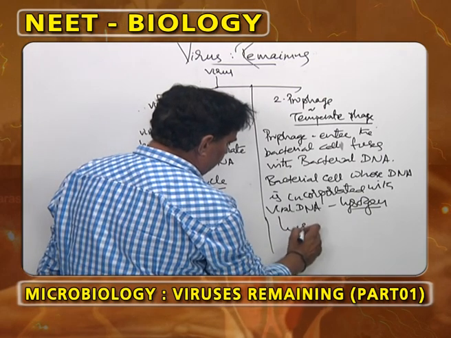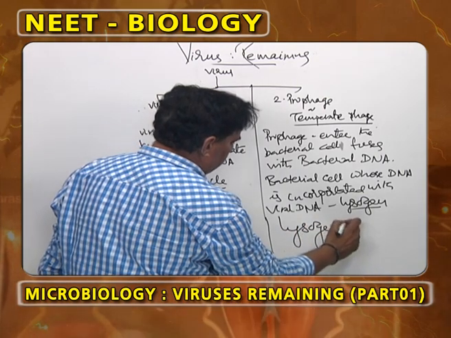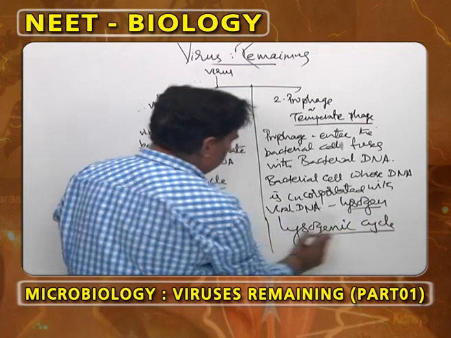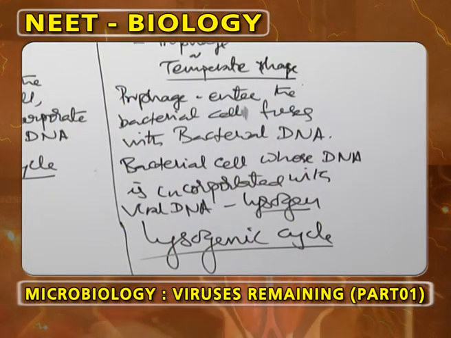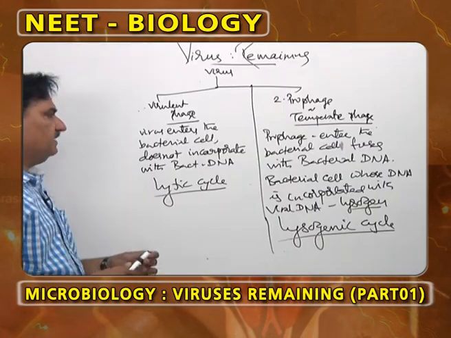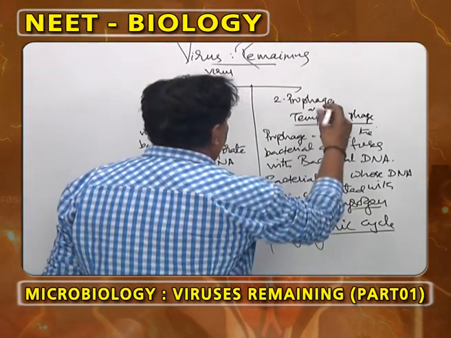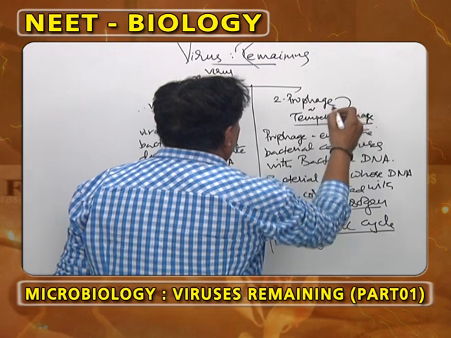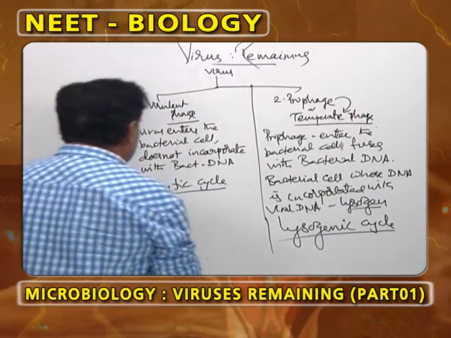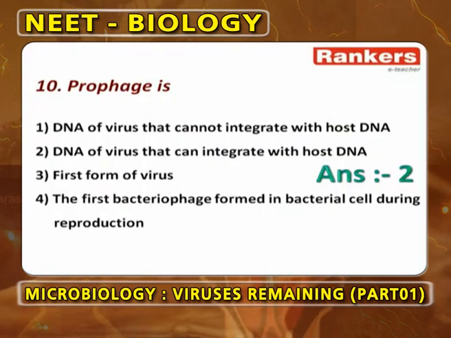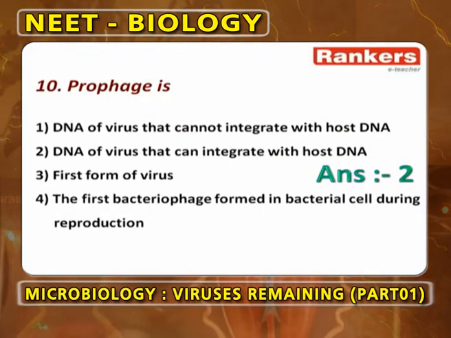That's why this cycle is called the lysogenic cycle. That is the difference between the virulent phage and the prophage or temperate phage. Any virus capable of forming a prophage is also called a temperate phage. So the virulent phage causes the lytic cycle, and the temperate phage or prophage causes the lysogenic cycle.